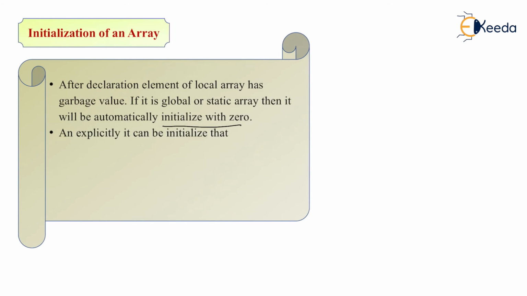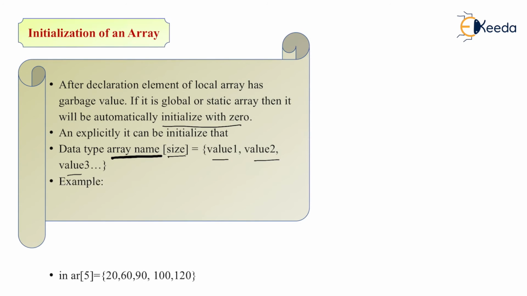And explicitly, it can be initialized as data type, array name, size of array, equal to, in curly brackets, value 1, comma, value 2, comma, value 3, comma, etc., and then closing the curly brackets. For example, int ar[5] equal to, in curly brackets, 20, 60, 90, 100, 120.